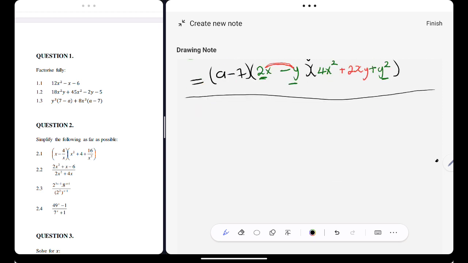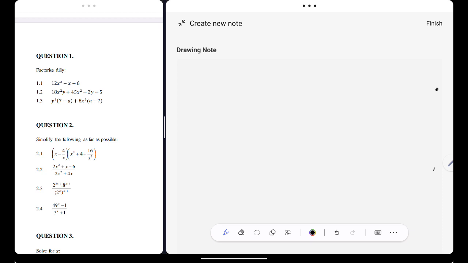Let's go for question 2. Question 2, I'm supposed to simplify as far as possible. Whenever I simplify, I must be left with one term or just one number.